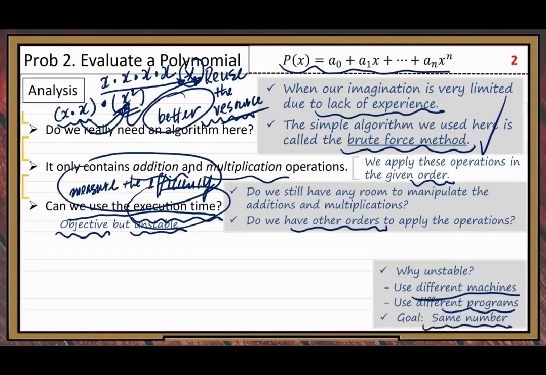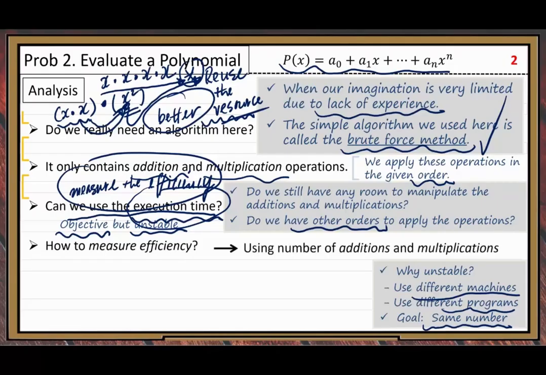You use the same number. From hardware difference, from the software difference, it doesn't matter. So your measurement is very stable. The same number. So that's the ideal measurement.